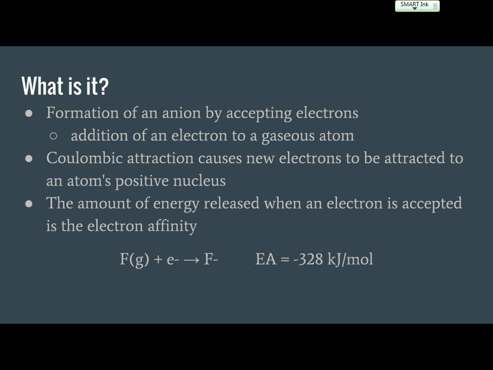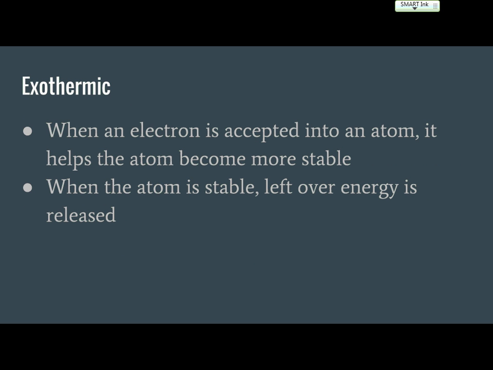This is one that we don't talk about a lot, so it's an interesting one to talk about. This process is mainly exothermic. When the electron is accepted into an atom, it helps the atom become more stable.